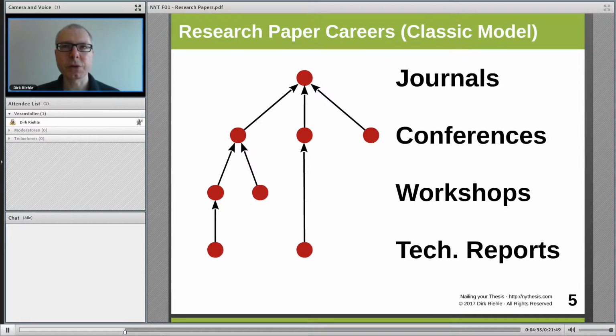So you might write technical reports where you report about the progress of some experiments, for example. Technical reports are publications by, say, a university or self-publications. So there is usually no peer review. Technical reports from that perspective don't count as quality research papers.